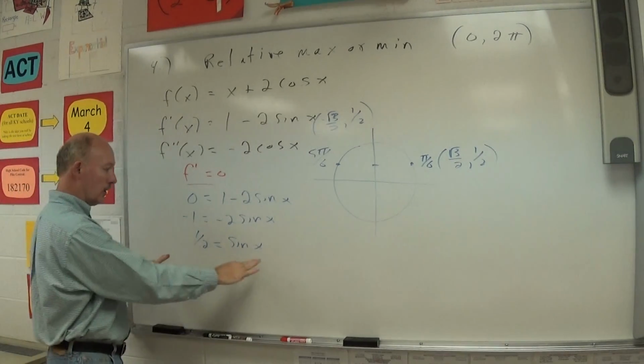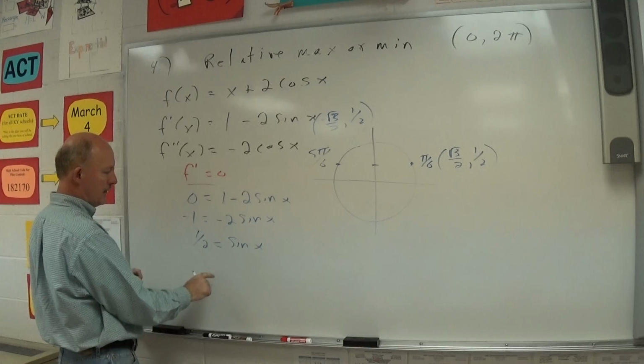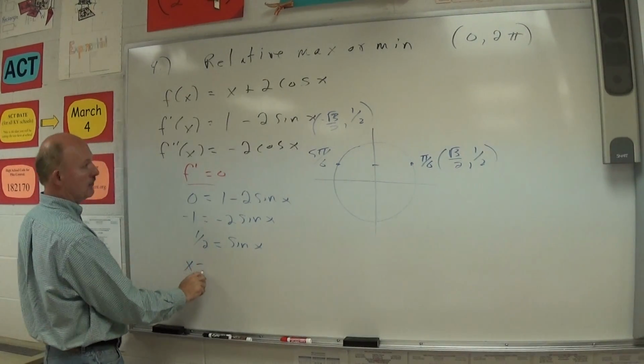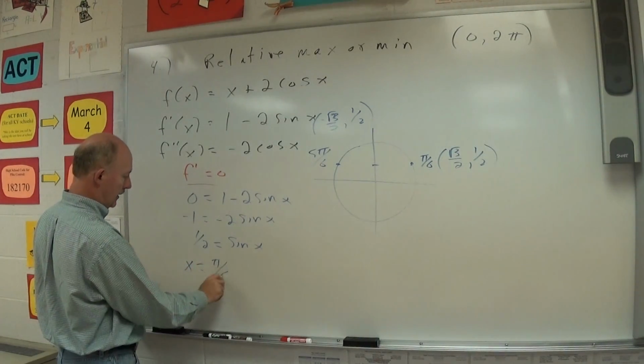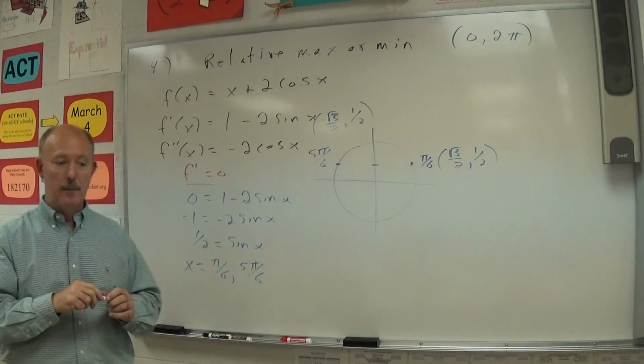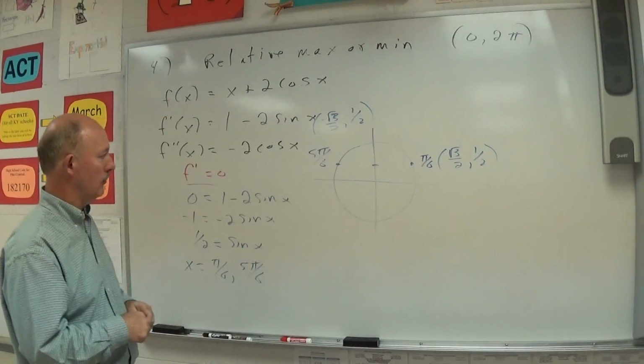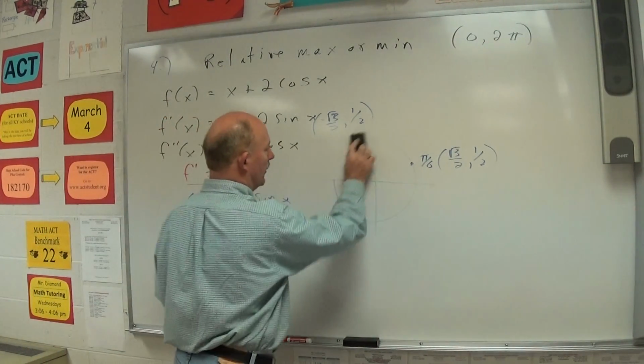So we have two solutions for our critical numbers: x equals pi over 6 and 5 pi over 6. Keep in mind, each of those could be a possible minimum or maximum value.